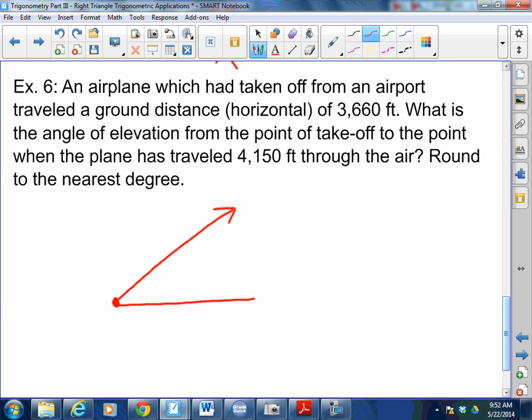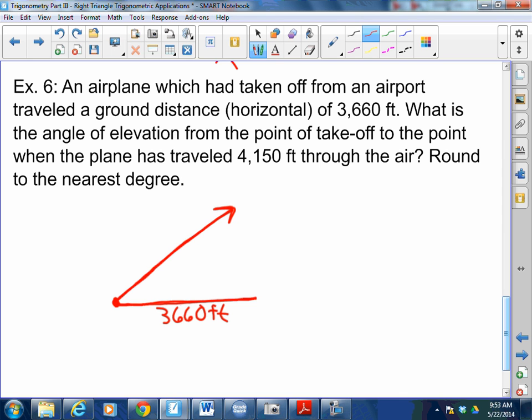That does not mean that it was rolling on the ground. That means it took off. And as it took off, not only am I going up, but I'm also moving to the right, correct? You guys see this?